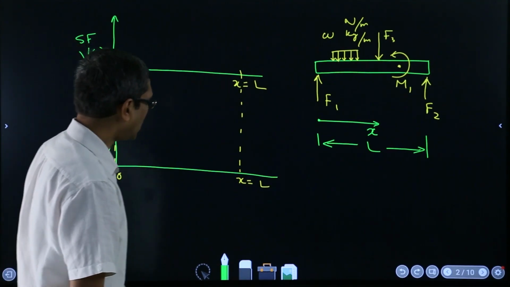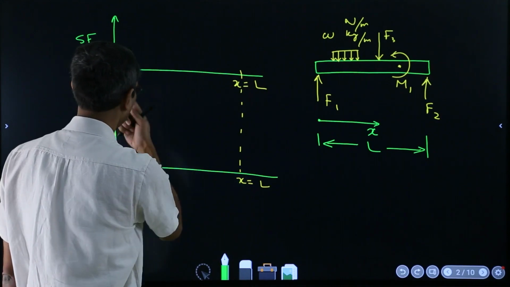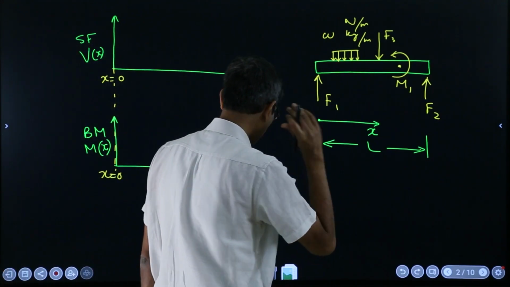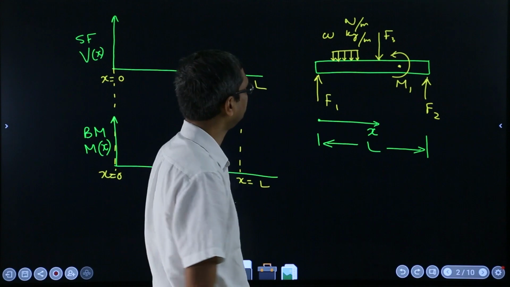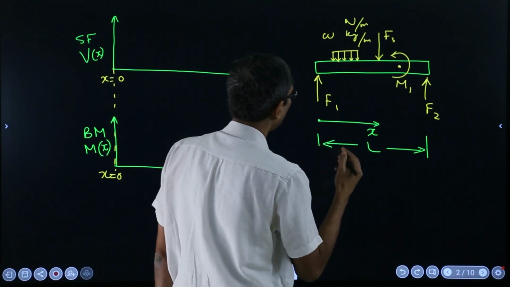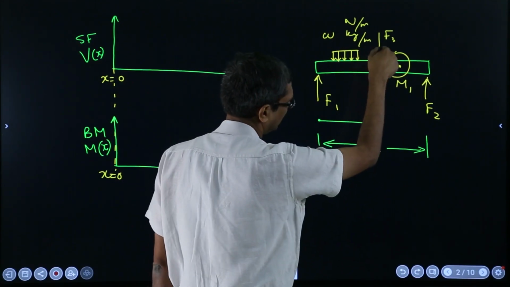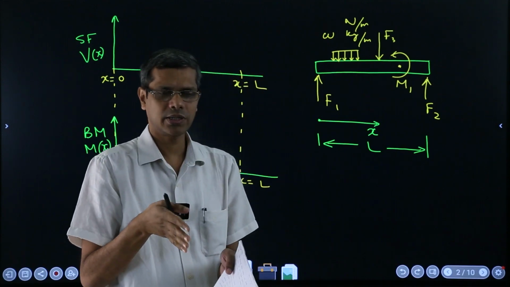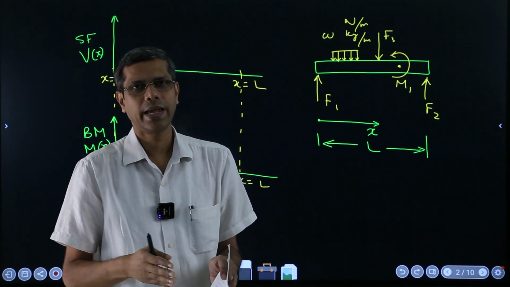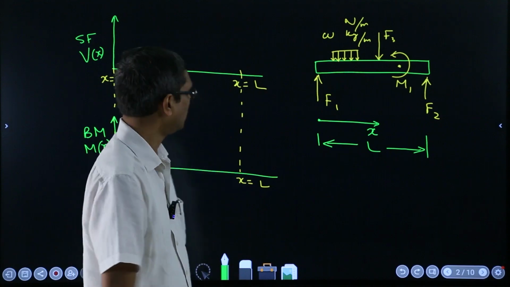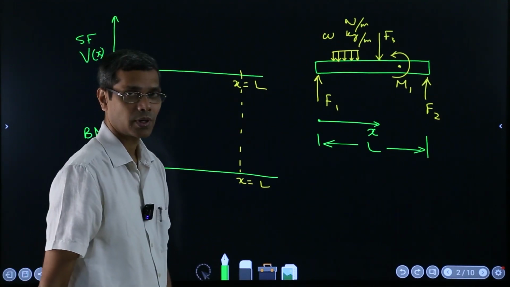Now, what do we mean by drawing this? Let's see. The basic principle is how much force is actually trying to shear the beam at any location x. That is the shear force diagram.